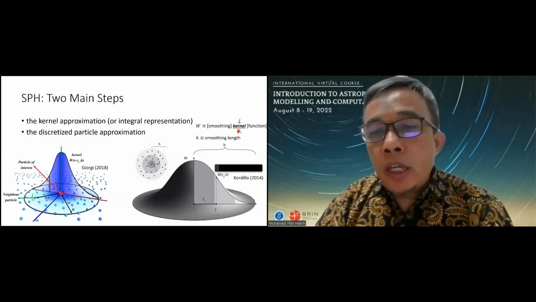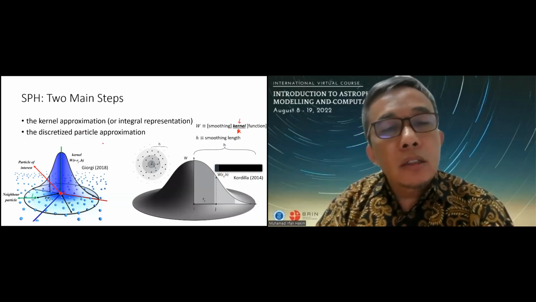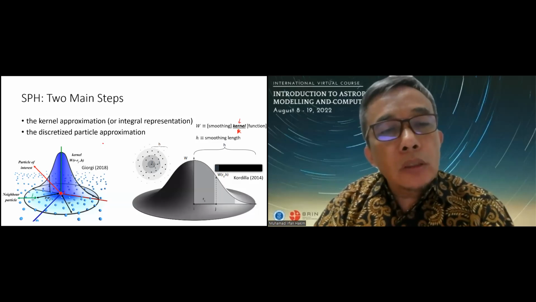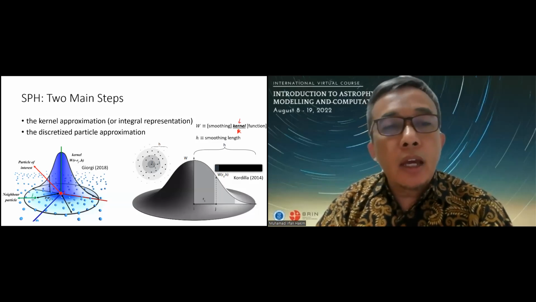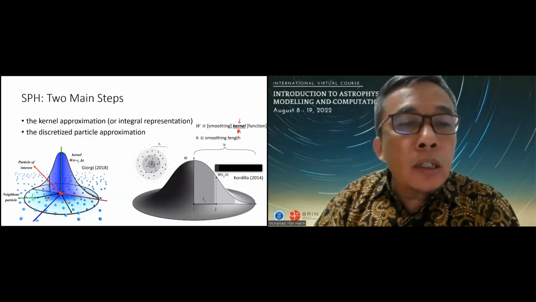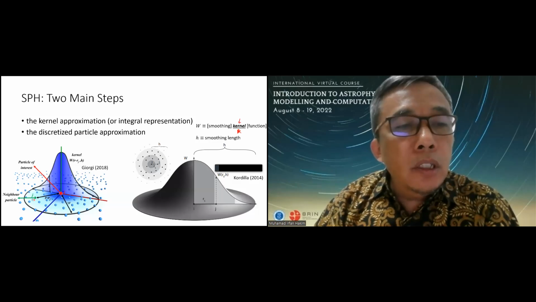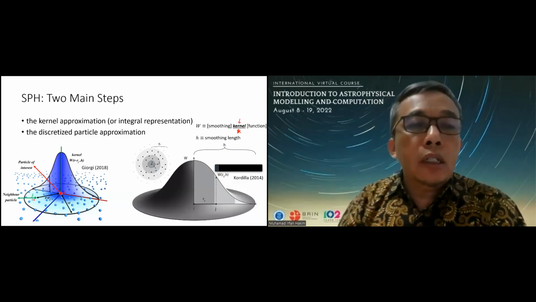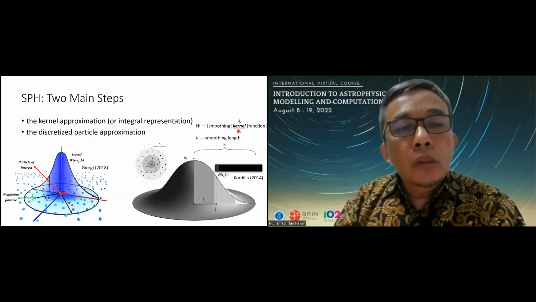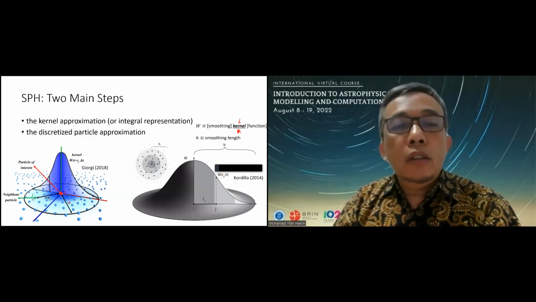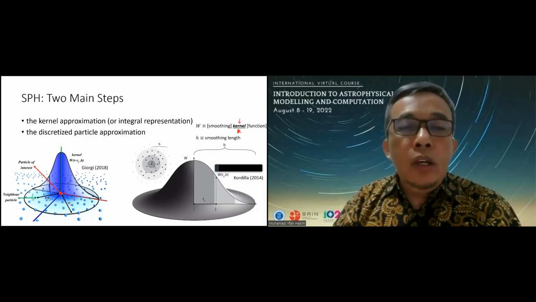Let's say this is particle i, we use the index i, and another particle, the neighbor particle, particle j here, and h here is the smoothing length.